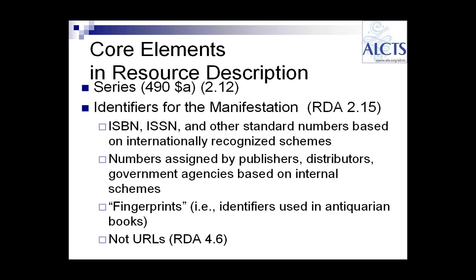Some of the required identifiers for the core element standard are ISBN, ISSN, other standard numbers from internationally recognized schemes, numbers assigned by publishers, and this would probably be most applicable with some of your non-print items, distributors, government agencies. And then also for rare book catalogers, fingerprints, which are identifiers used in antiquarian books, are core elements. But an identifier that's not a core element would be a URL.